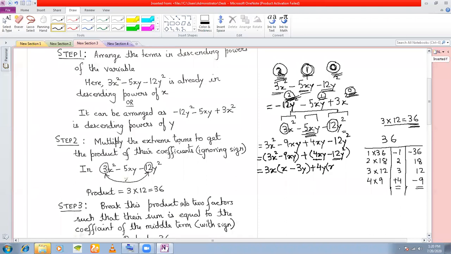If I take out 4y from 4xy, I'm left with x, and if I take out 4y from 12y square, I'm left with 3y. Now you see I've got a common factor, x minus 3y. I take out this common factor, x minus 3y.